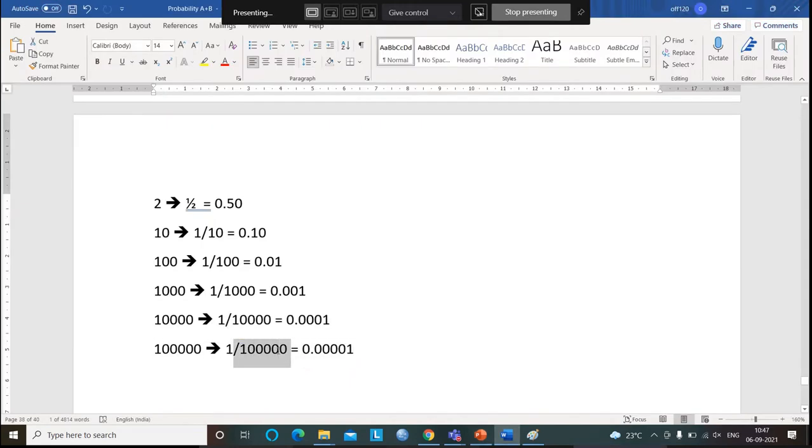A lakh into the probability of success. Let's take this example only. Into the same thing. Then what do you get? Almost mean is equal to 1, right? Lambda value is equal to 1, since the denominator and the numerator get cancelled and the remaining value is only 1.